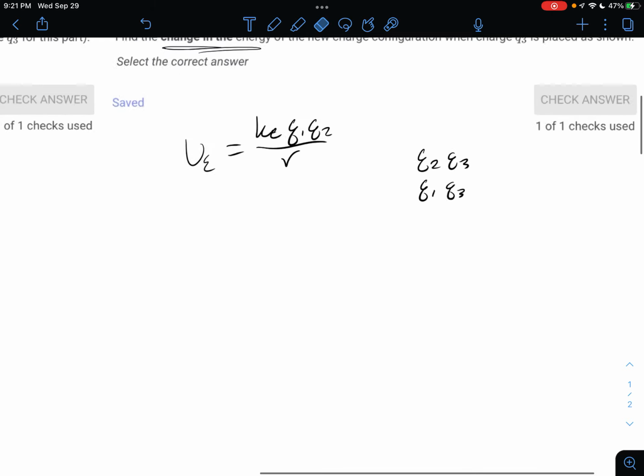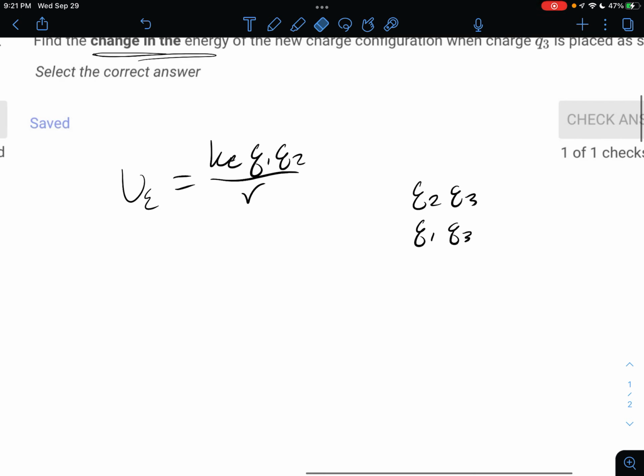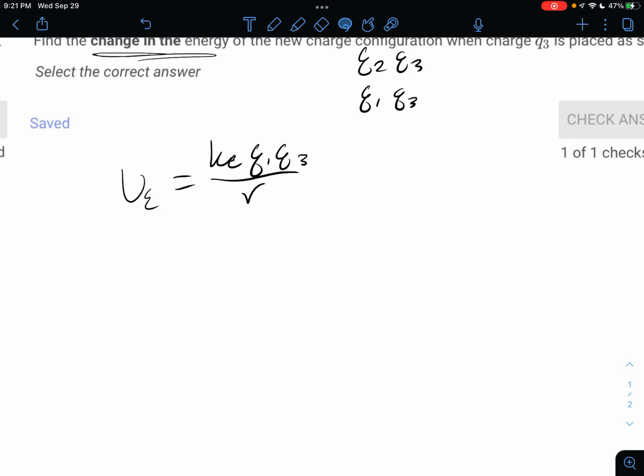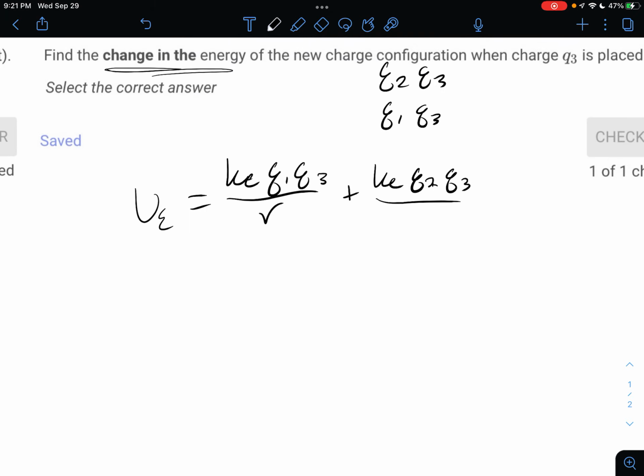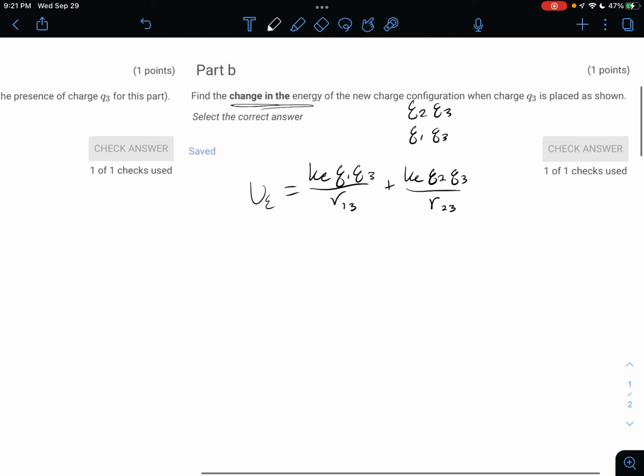So our change in the energy is just going to be Q1 and Q3 plus our Ke Q1, Q2, sorry, and Q3. And this R, instead of just being a general R between the 2 points, is going to be our R between specifically each of these charges.